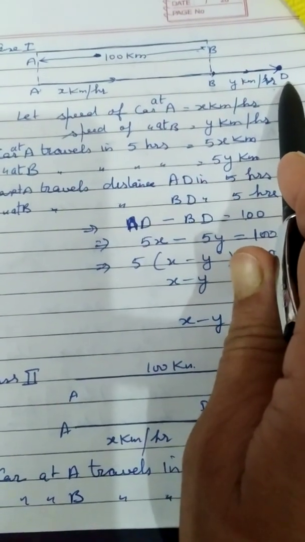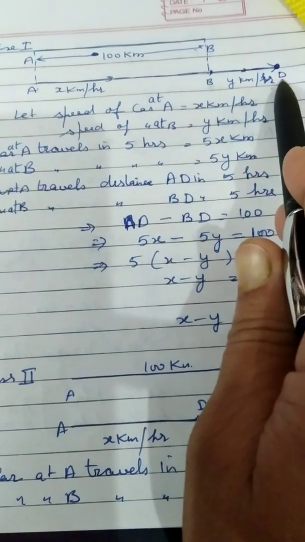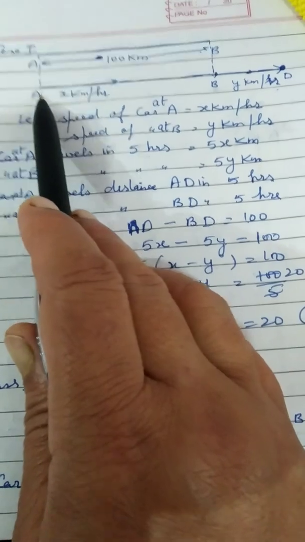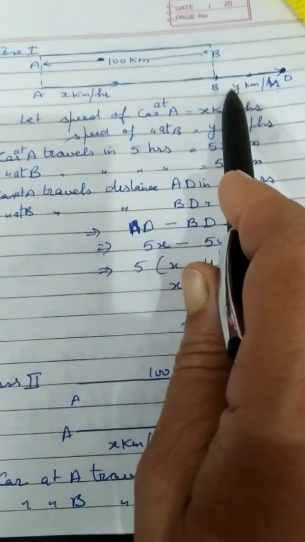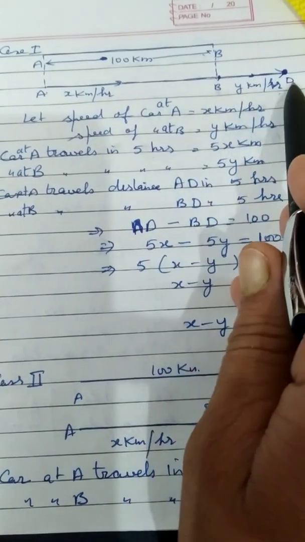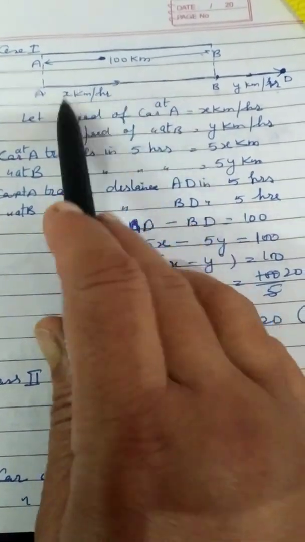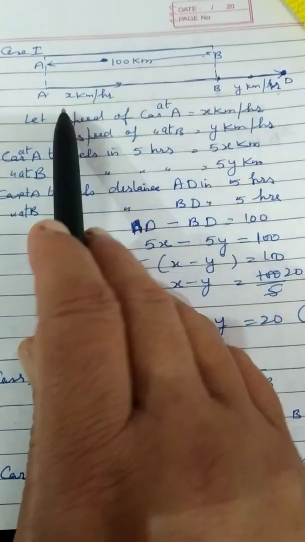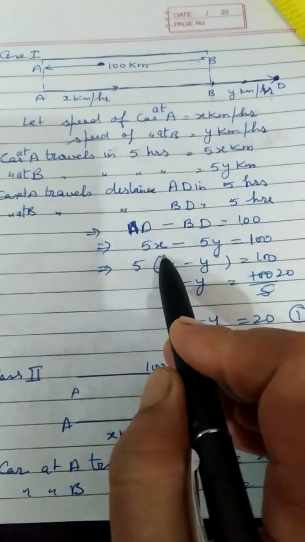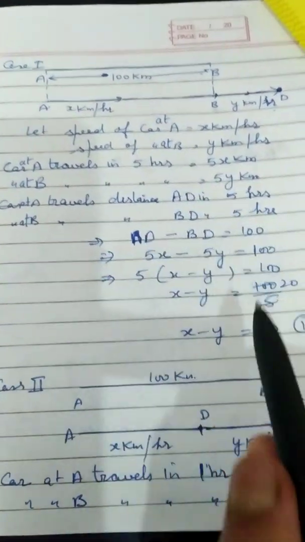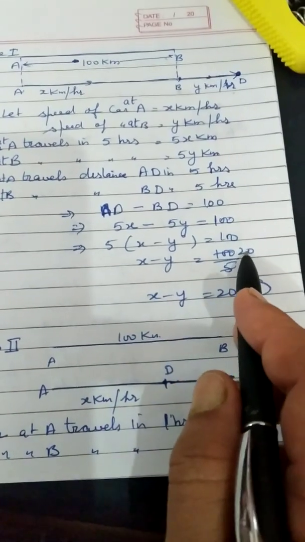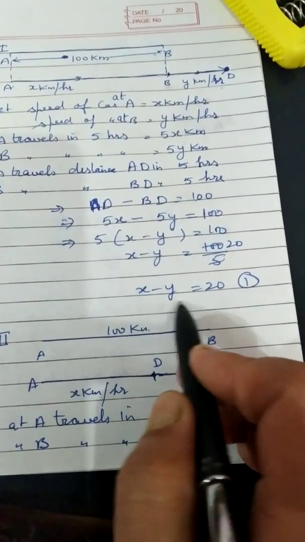AD is the distance travelled by the car starting from A, and BD is the distance travelled by the car starting from B. Therefore, 5x minus 5y is equal to 100. 5 is common, so 5 into x minus y is equal to 100, and we get x minus y is equal to 20.